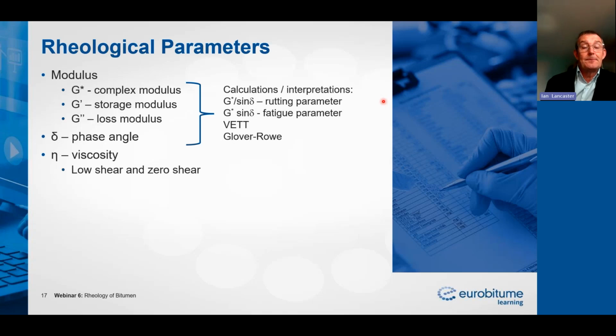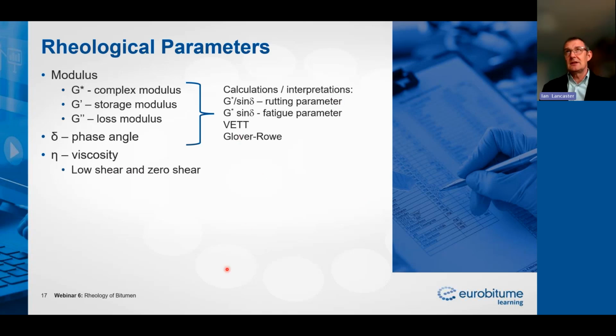We can do a similar thing by taking the complex shear modulus and the sine of the phase angle, multiply those two together, they can give us a fatigue parameter. So they can give us an indication of whether the asphalt is going to deform or whether it's going to crack.